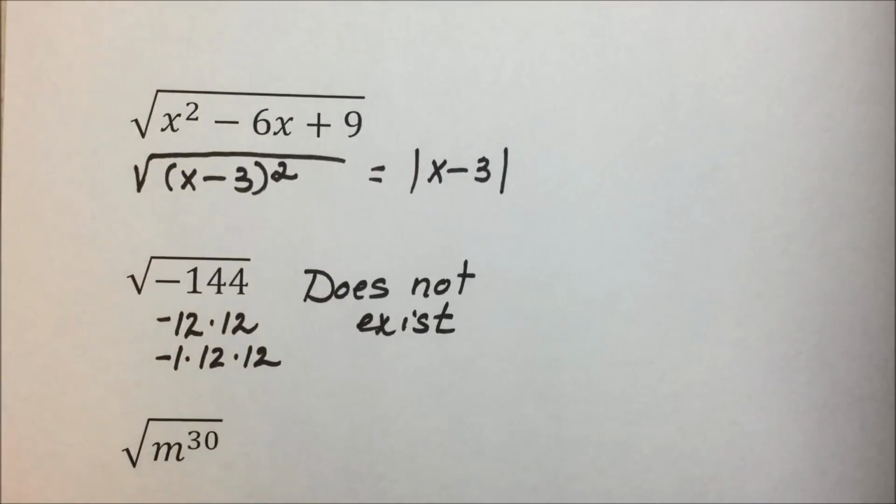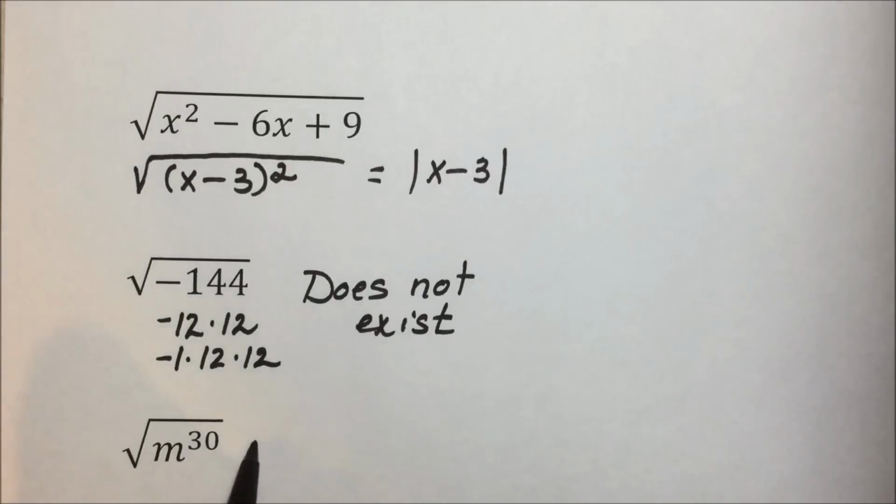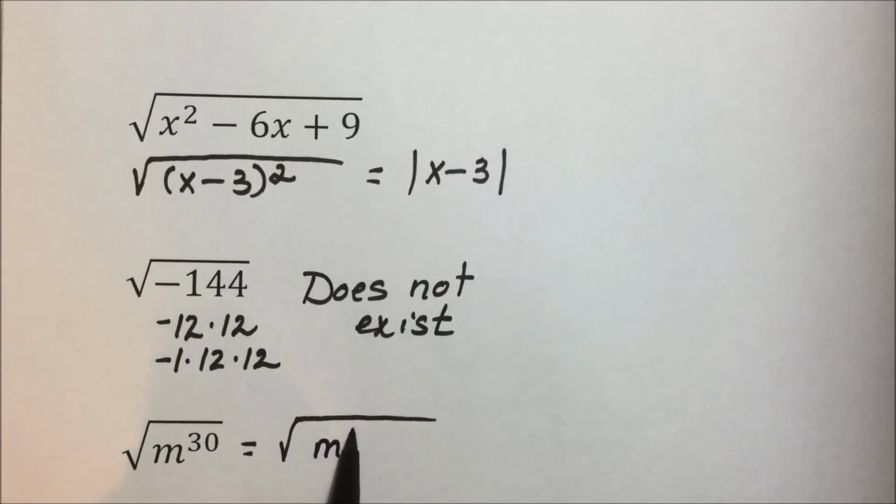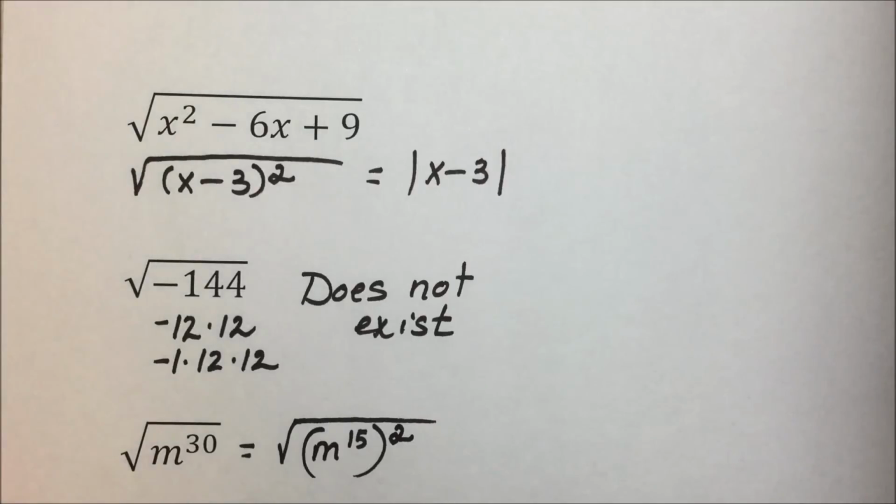And this last one is asking us for the square root of m to the 30th power. What times what would give us m to the 30th? We want the same number, and if we had m to the 15th and squared, if you remember your exponential rules, m to the 15th times m to the 15th, we add our exponential powers together.